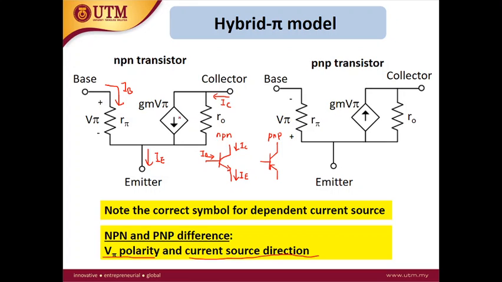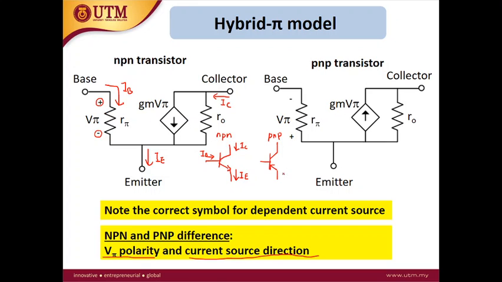That's why the current source gm faces downward. For V pi, because IB flows downward, the positive of V pi is at the upper point and the negative is at the bottom, consistent with the direction of the base current.